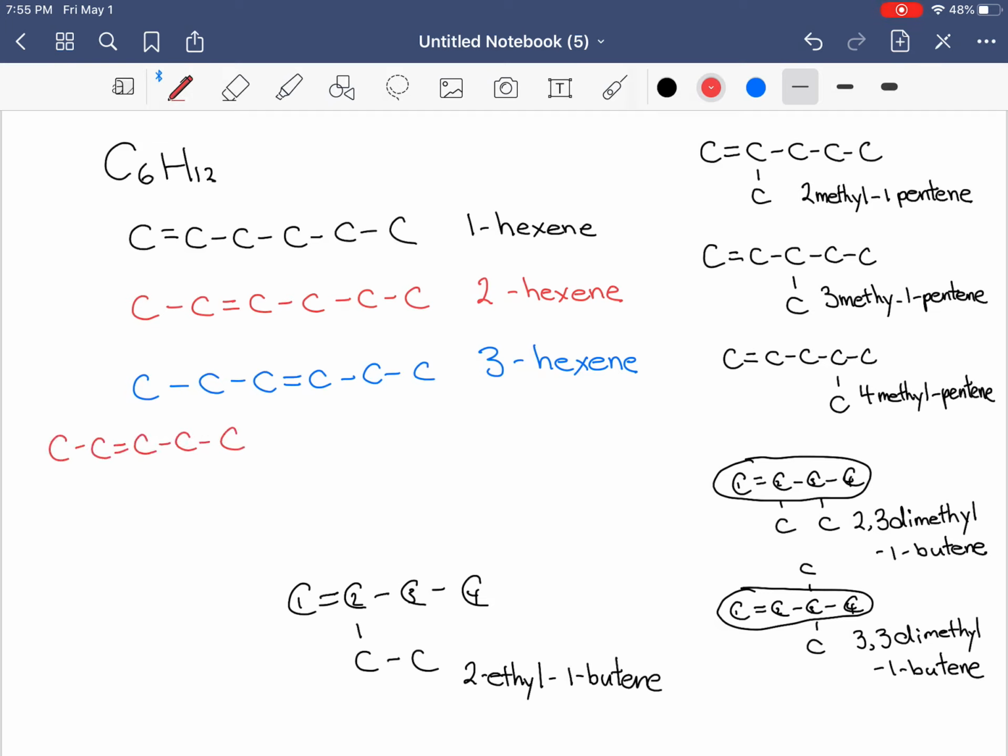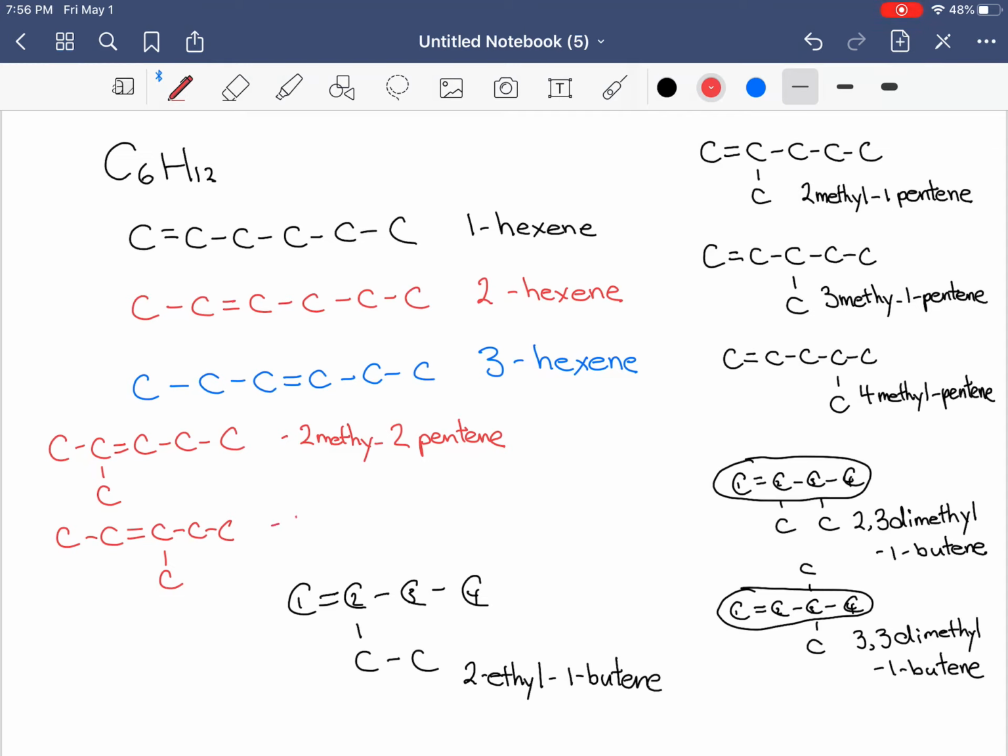Let's do a 5-carbon chain and insert some side groups. The first one, I'm sure you guys will think of this one. This is called 2-methyl 2-pentene. Obviously, I can move that side group over here.